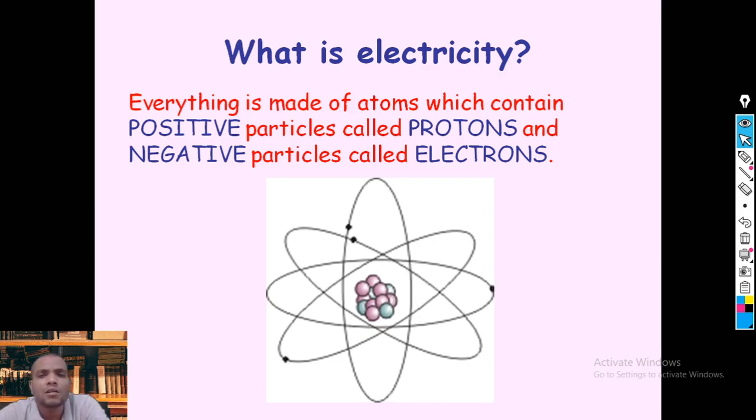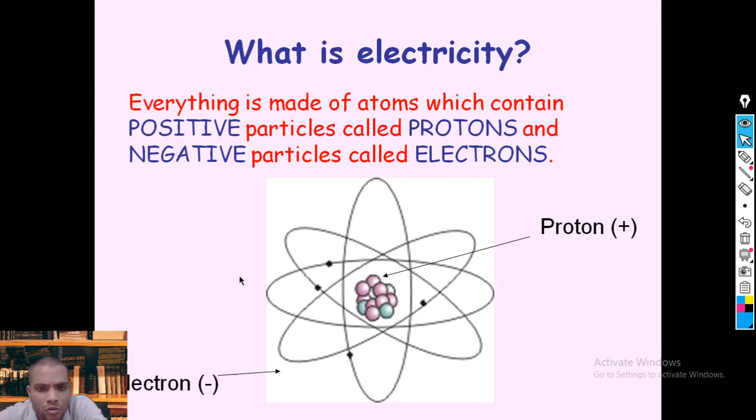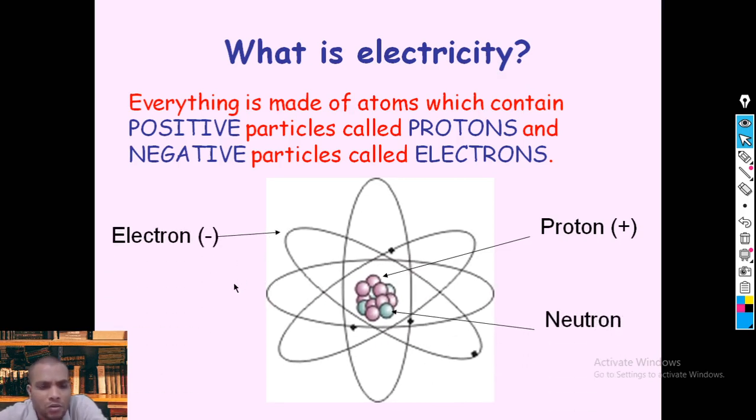Those models explain where the protons and the electrons are located inside an atom. As per the Rutherford and Bohr atomic models, the protons and neutrons are both inside the atom in what is known as the nucleus, and electrons are revolving around the nucleus.